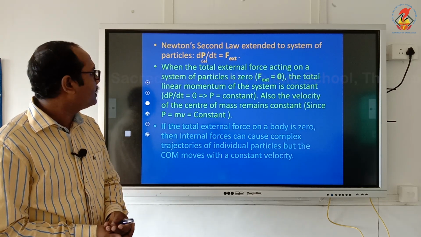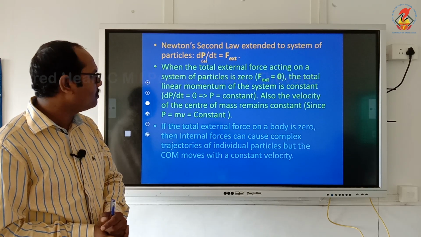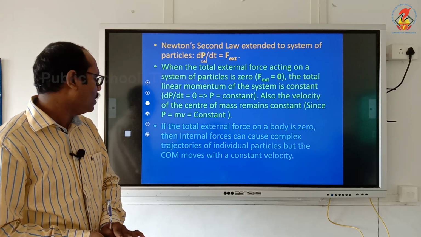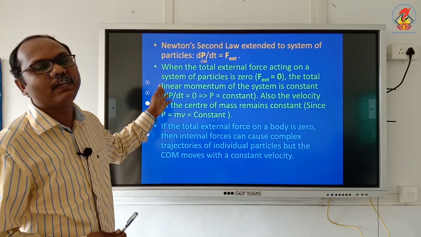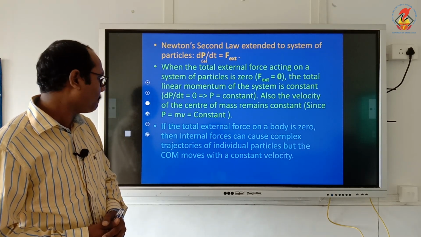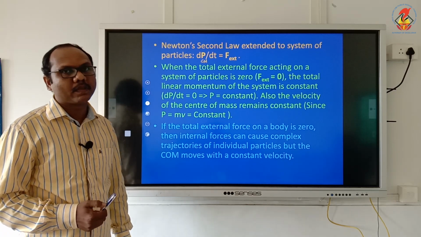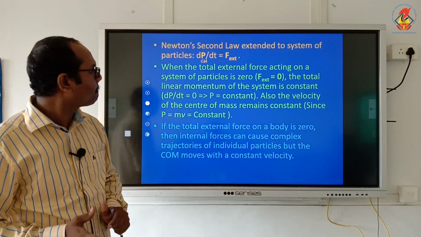When the total external force acting on the system of particles is 0, total linear momentum is conserved. Also, the velocity of the center of mass remains constant. This is called the law of conservation of linear momentum. So, this is the definition of the law of conservation of linear momentum. Please take down this page also. Okay.